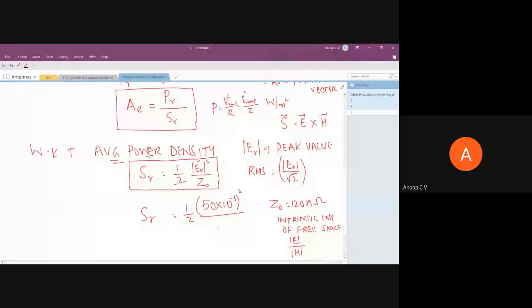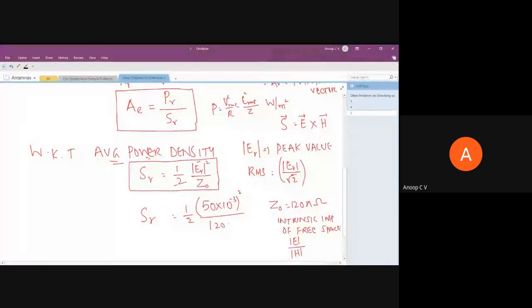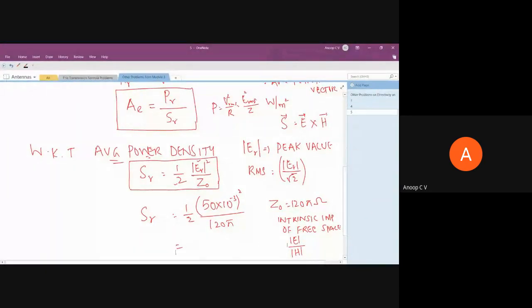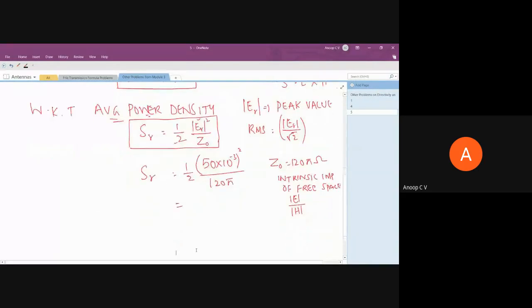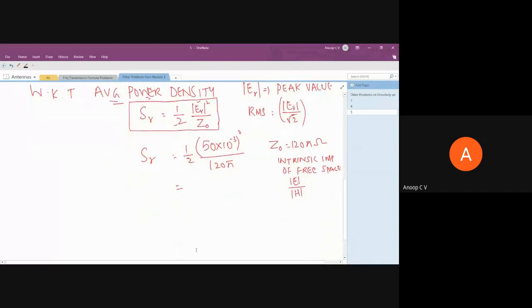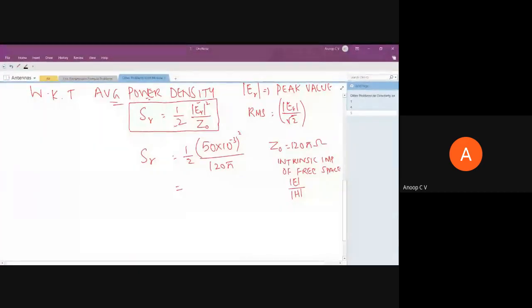So now tell me, what is the value of SR, the power density? Half into 50 into 10 power minus 3, the whole square divided by 120 pi.